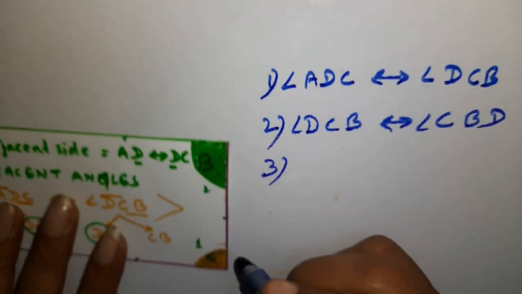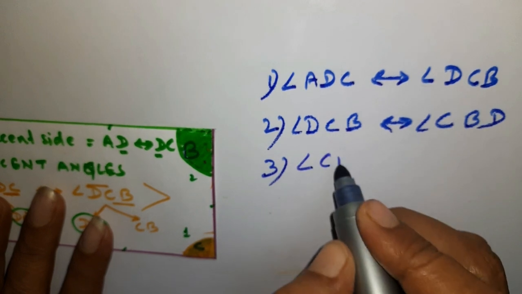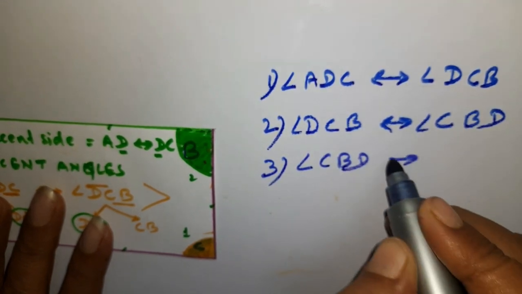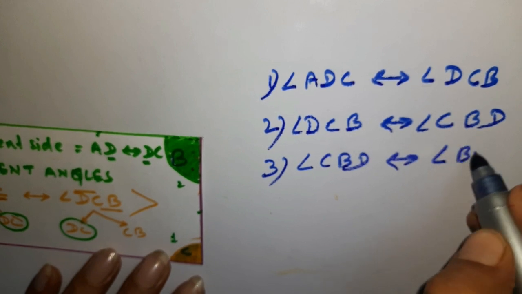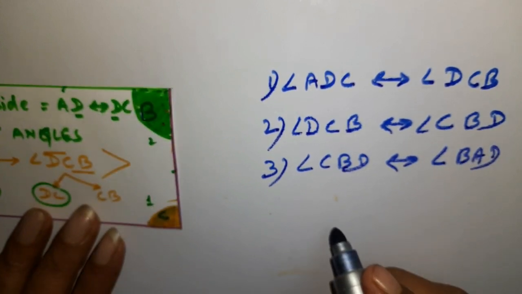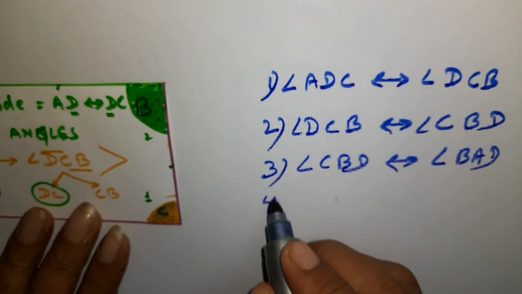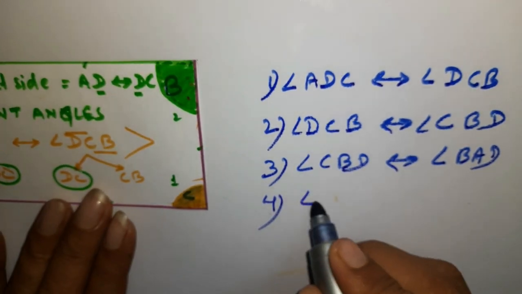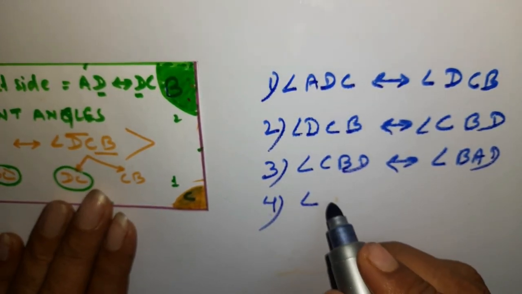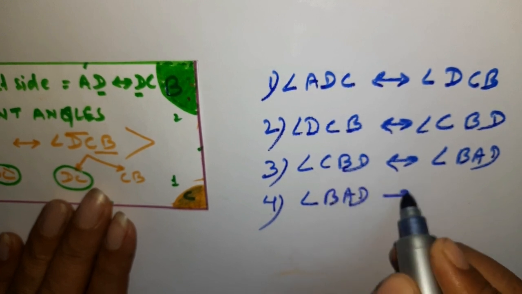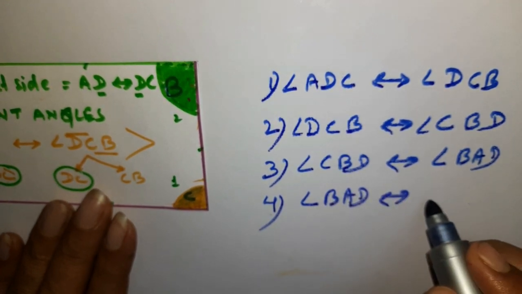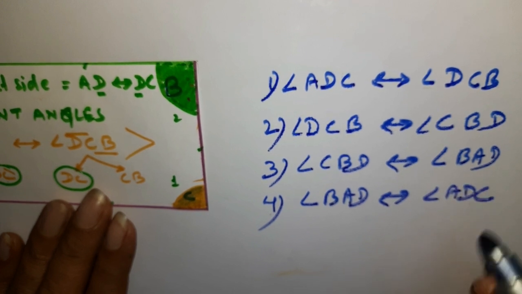Then third one is what? Angle CBD is paired with angle BAD. Okay. Then we are having the fourth angle, angle BAD, paired with angle ADC.